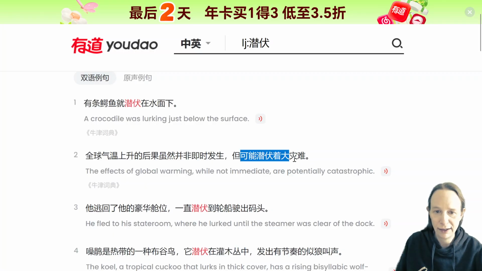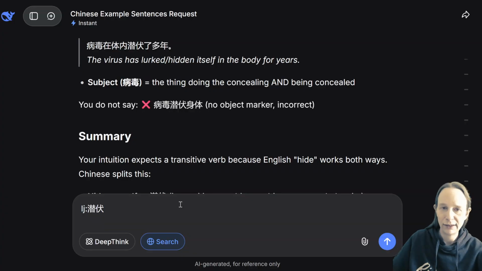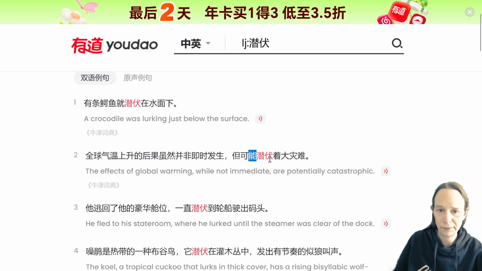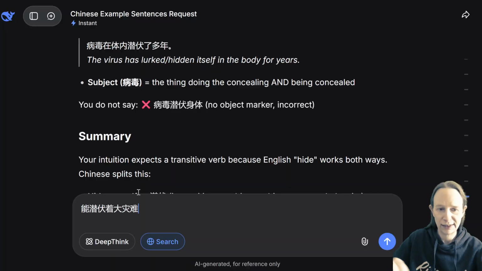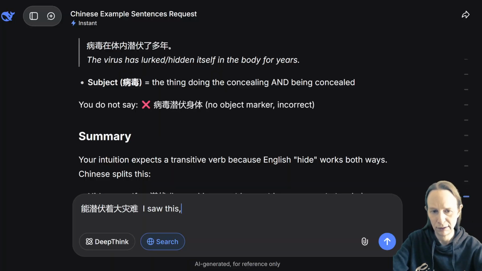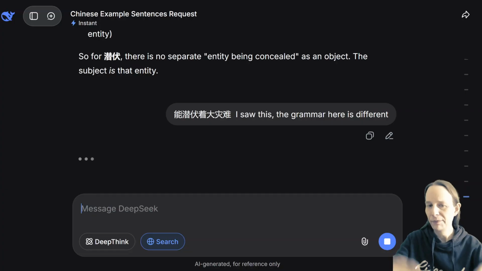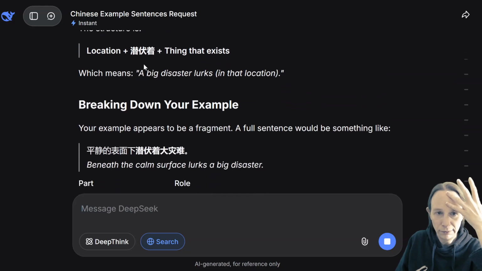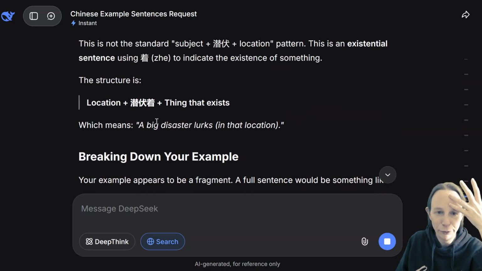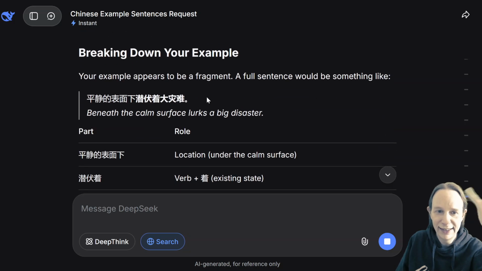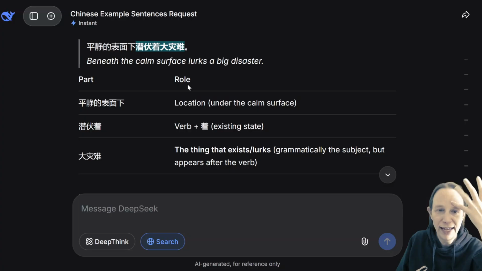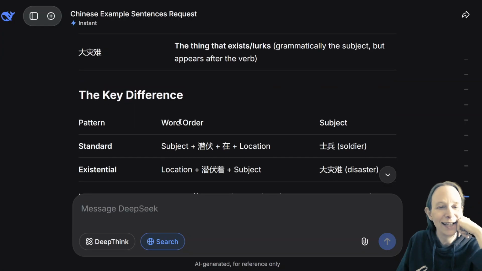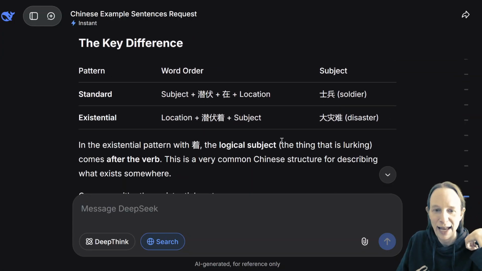This one. I saw this. The grammar here is different. Okay, 潜伏至, so this is the opposite grammar or something. 潜伏至大灾难 that conceals a big disaster or lurks a big disaster. 潜伏在, yeah.